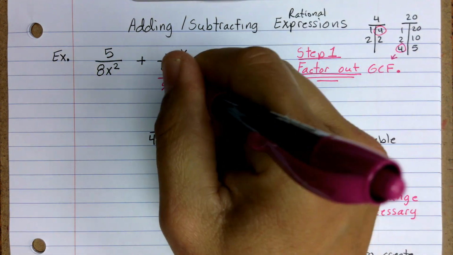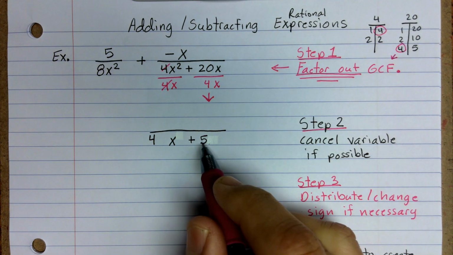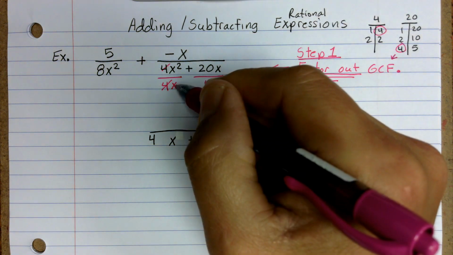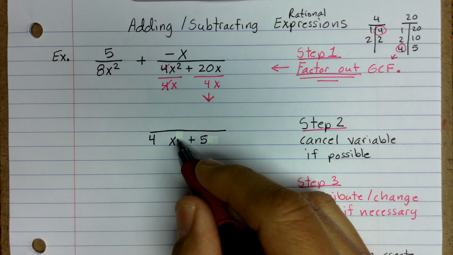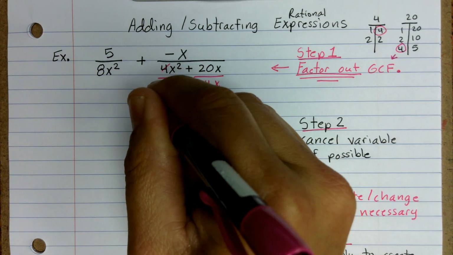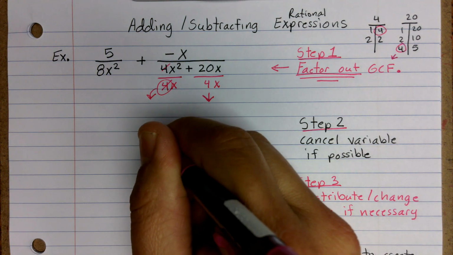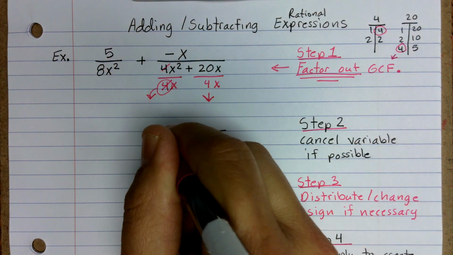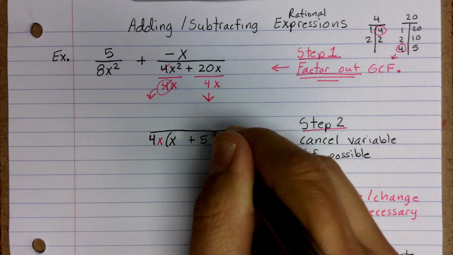I'm going to add an x out front, because we're taking an x out of this term, which just leaves us with positive 5. And we take an x out of x squared, which just leaves us with x to the power of 1. Notice that the 4 that we divided, I brought down and wrote in front. That's what this 4 is right here. But I'm also going to need to put an x after it, and then I'll put my parentheses.